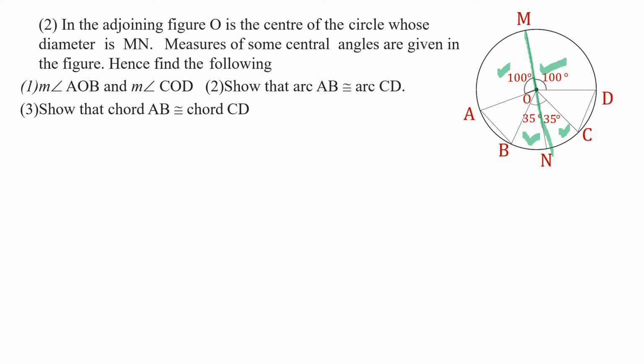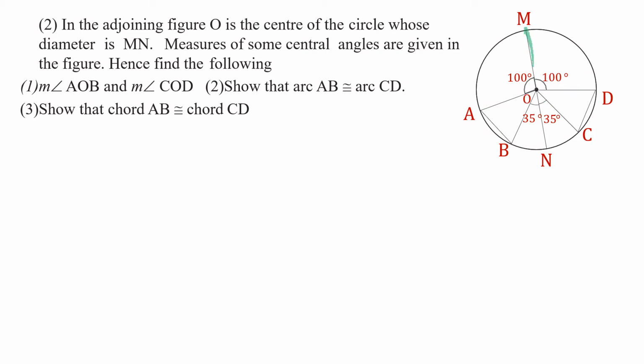Then find angle AOB, meaning this angle, and angle COD. Show that arc AB, meaning this arc, is congruent to arc CD. Similarly, chord AB is congruent to chord CD. Solution.